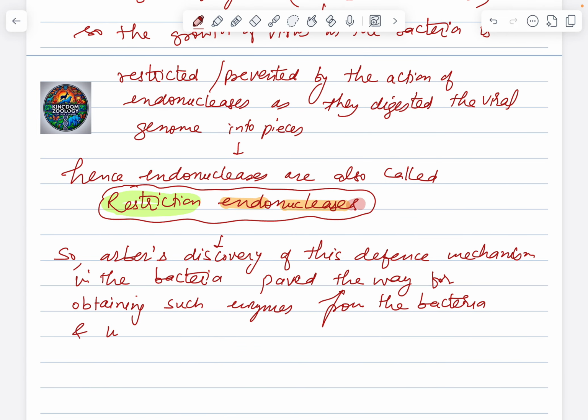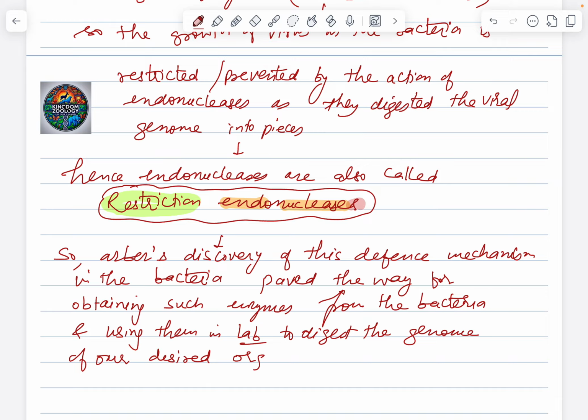and using them in the laboratory to digest the genome of our desired organism, which was producing our desired product but for its own self, not for us, into fragments or pieces.